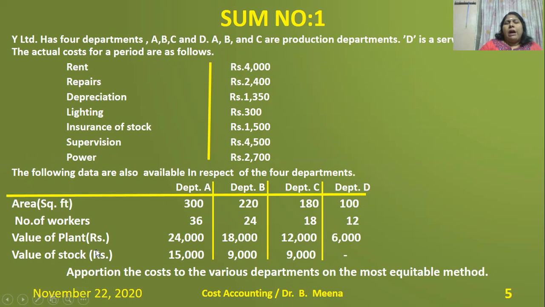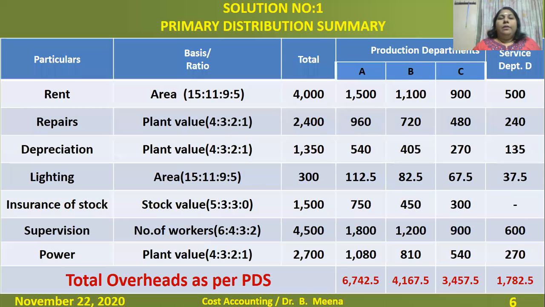Insurance of stock, value of stock. Supervision, number of workers. Power, if kilowatt hours or HP of plant is not available, then I can take the value of plant. So this is the way I can match the expenses with the additional information as a suitable basis for apportioning the expenses between the production departments and service departments to prepare the primary distribution summary.